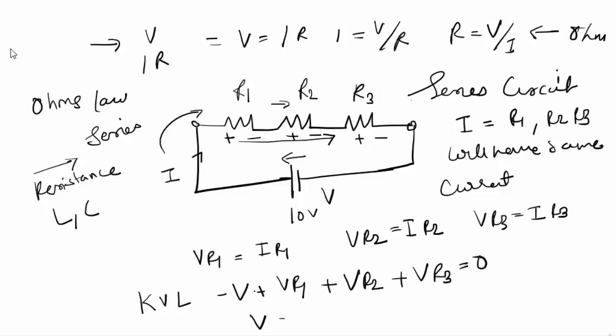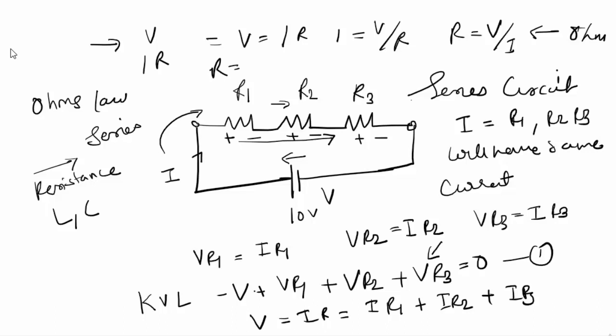So V equal to IR from Ohm's law, which can be written as IR1 plus IR2 plus IR3, by just replacing into this equation. So what you are finding is that all the I will cancel out, and the resistance is R1 plus R2 plus R3 for the circuit, which is also known as the R equivalent.